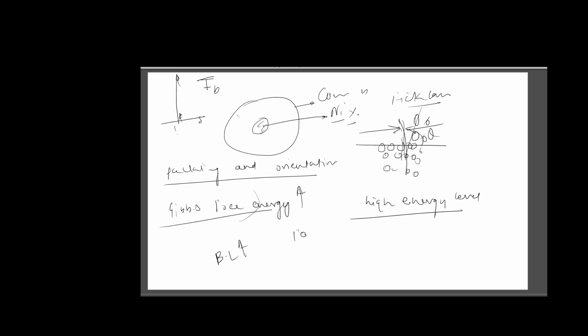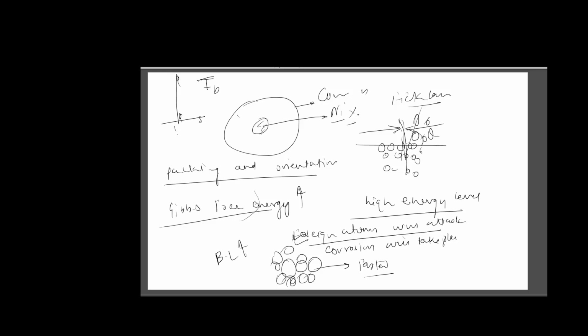So foreign atoms will attack, and corrosion will take place and start at the grain boundary. And if the grain structure is finer, fine meaning a larger number of grains, then the grain boundary area will increase and the corrosion will take place faster. So the corrosion rate increases with the reduction in grain size.